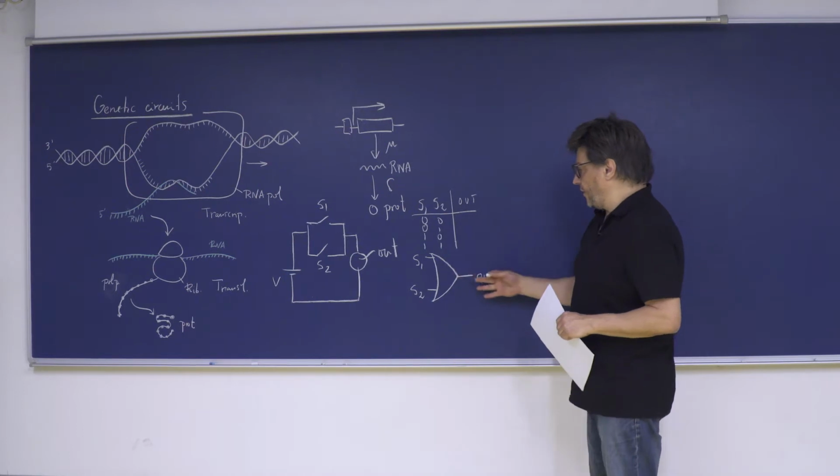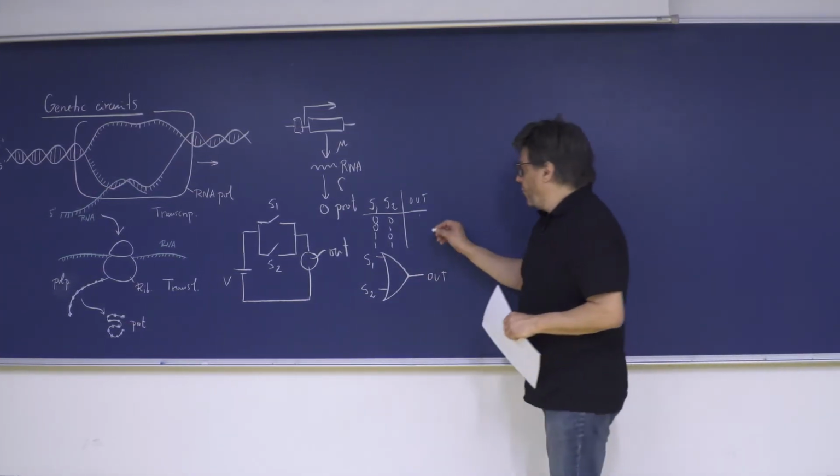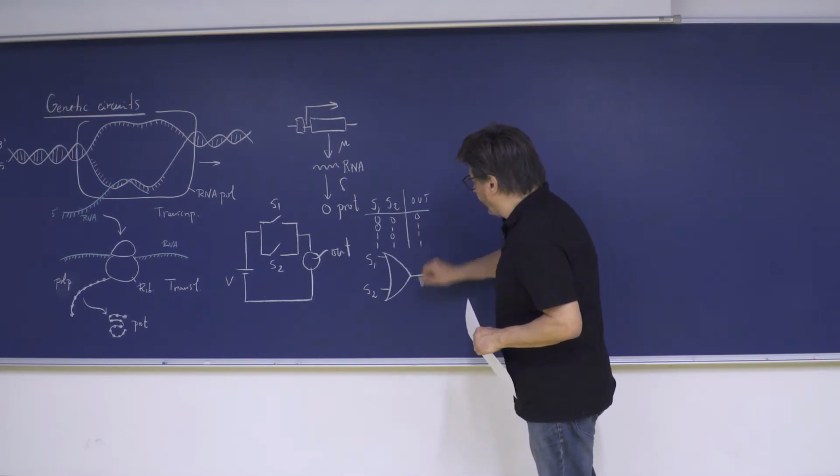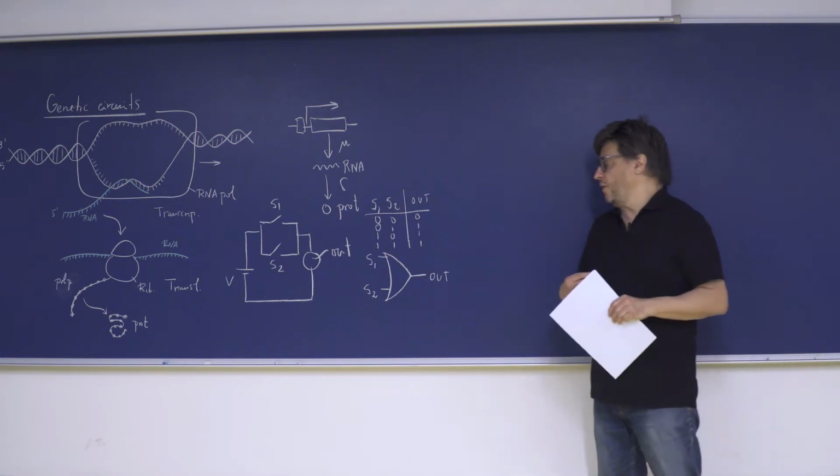And for this particular gate, unless the two switches are open, the output is 1. That would be the truth table of the logic gate. That's a very simple way of putting this.